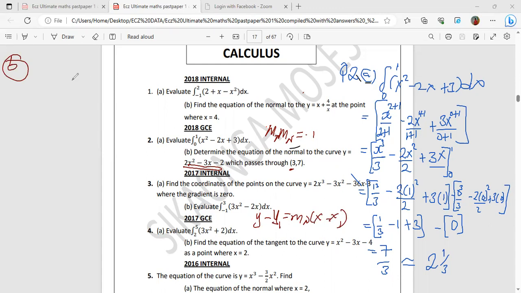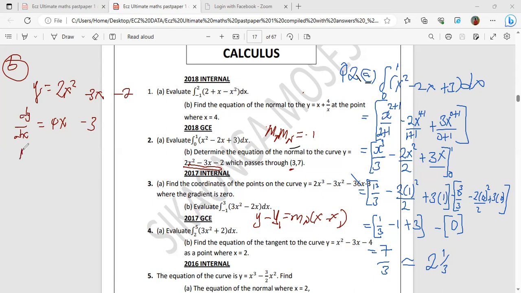So let's go over. So we have y equal to 2x squared minus 3x minus that. So dy/dx is going to be 4x minus 3.